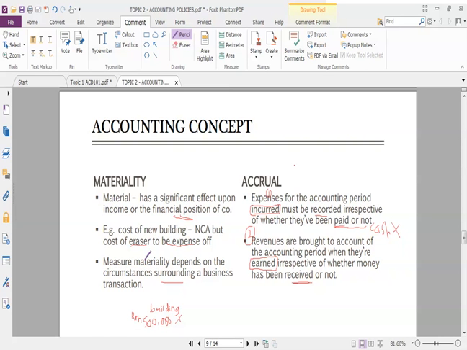So it is because of the materiality concept here. We just look at the significant material that you need to put inside the asset component.